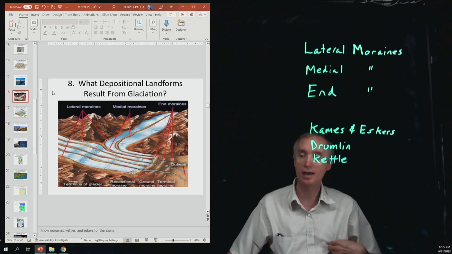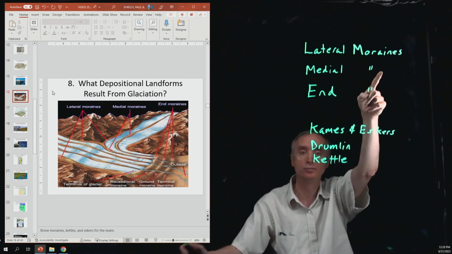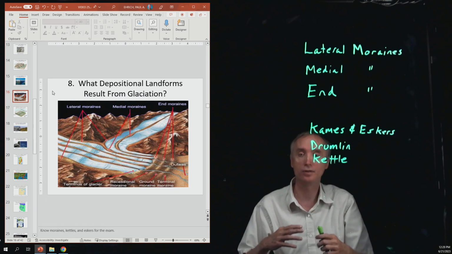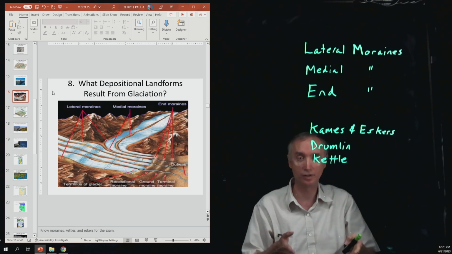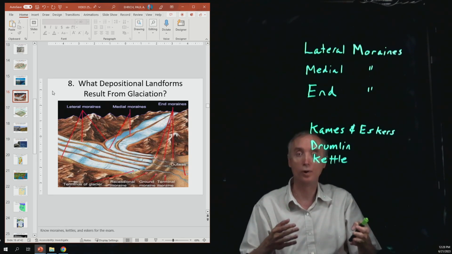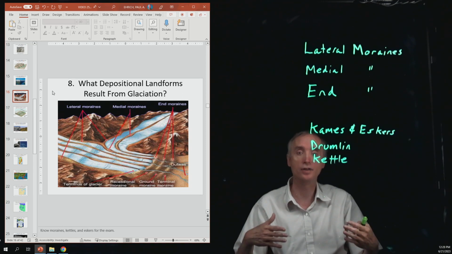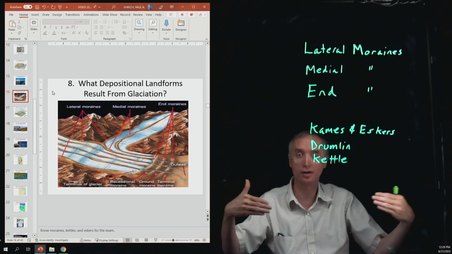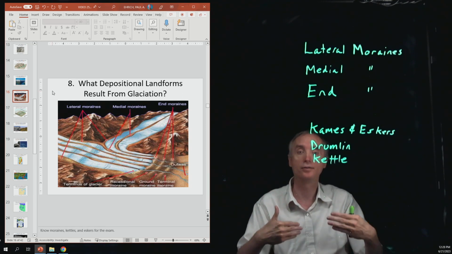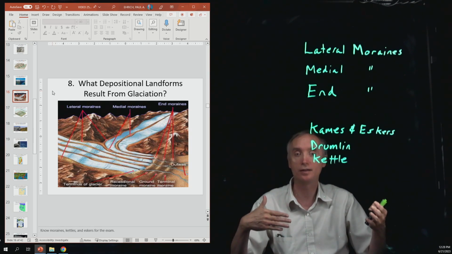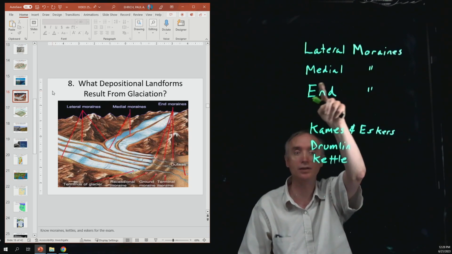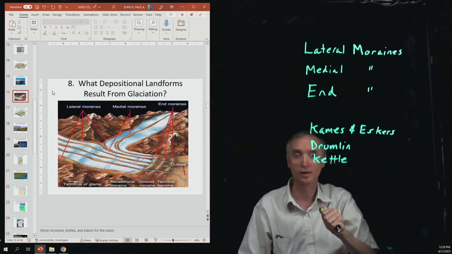And so you have lateral moraines, which are going to be the debris that is going to accumulate at the sides of the glacier as it's moving downhill. Where two of these glaciers come together, the lateral moraines can then be turned into medial moraines.